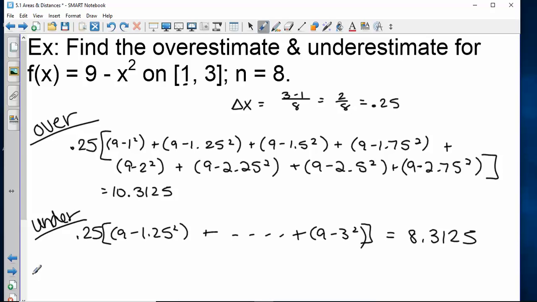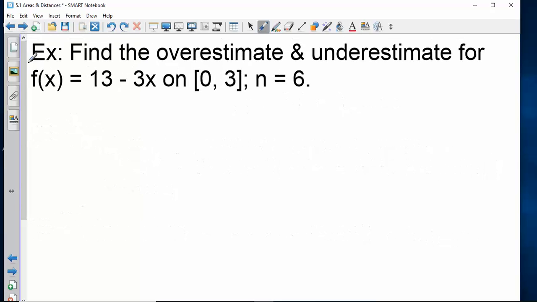Questions here? Let's do one more. So for this one, what's my change in x going to be? 3 minus 0 over 6, so we get 0.5.